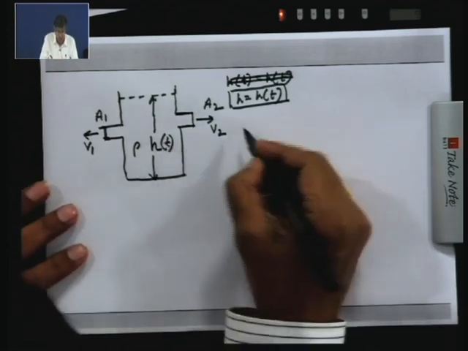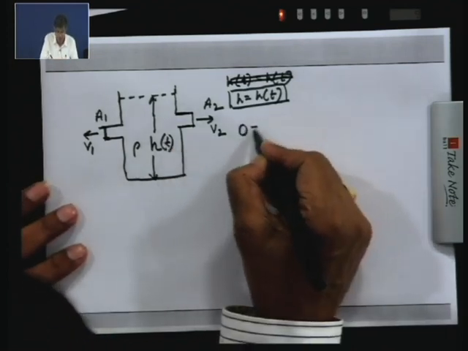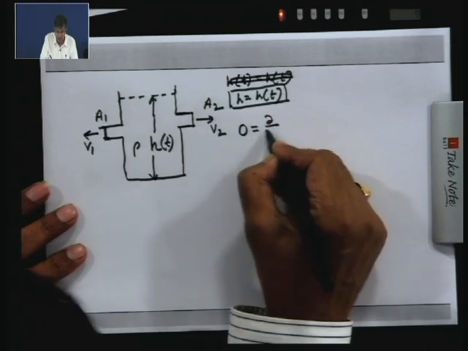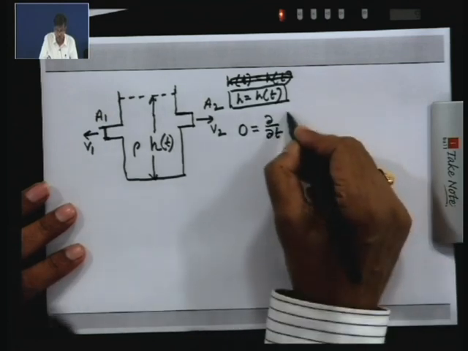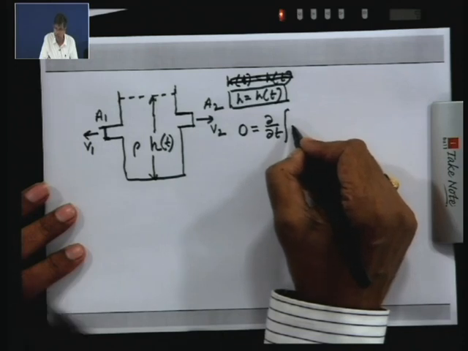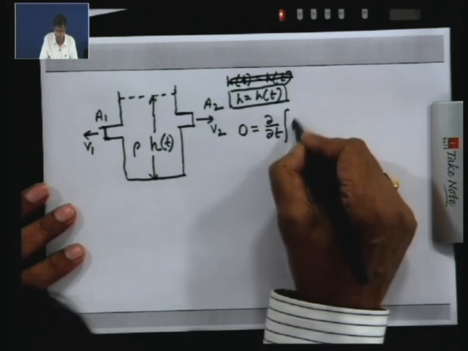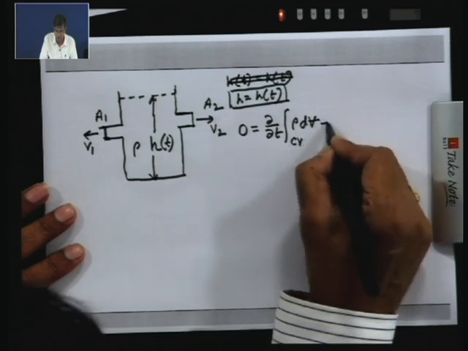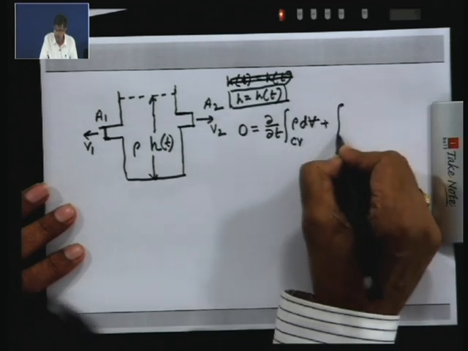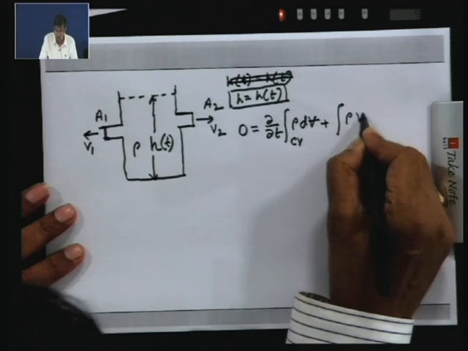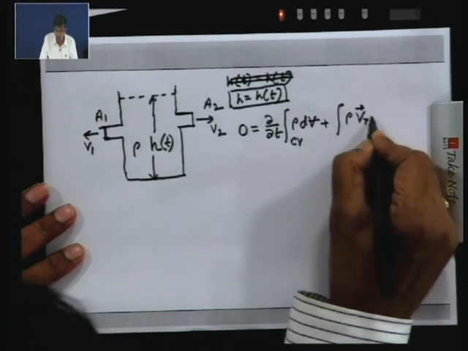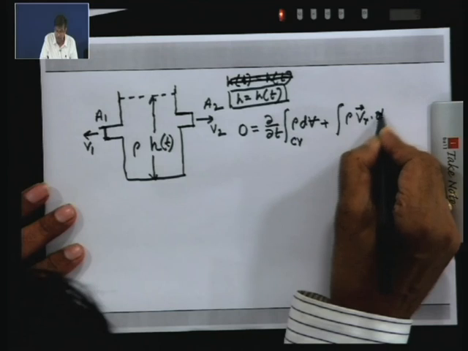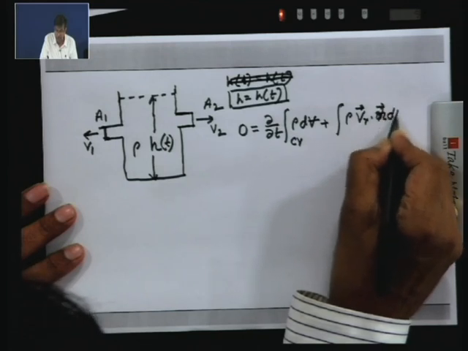We will use it like this: 0 is del del t of the integral of rho dV, by the application of the Reynolds transport theorem, plus the integral of rho Vr dot n dA.